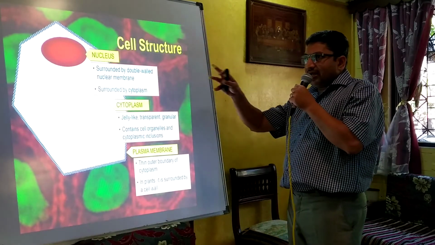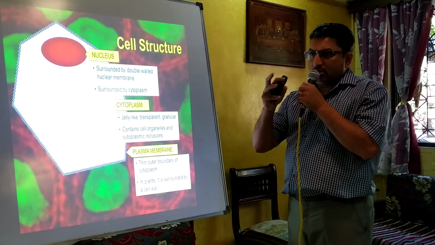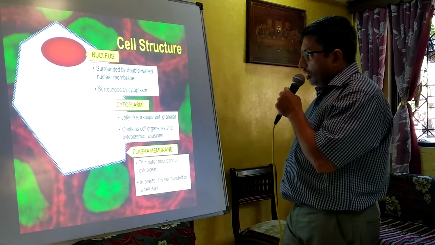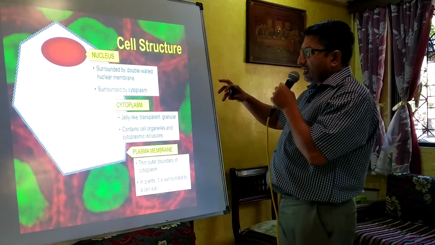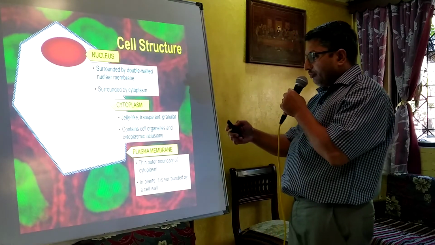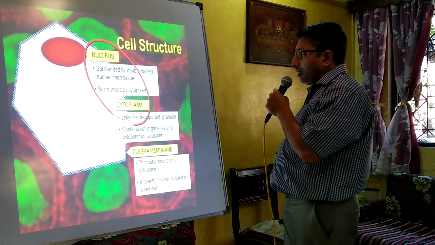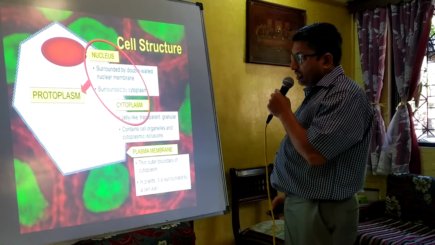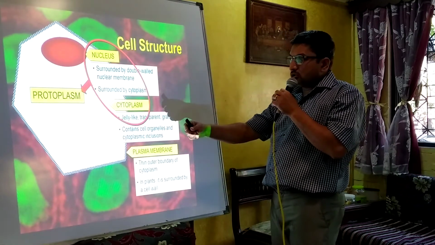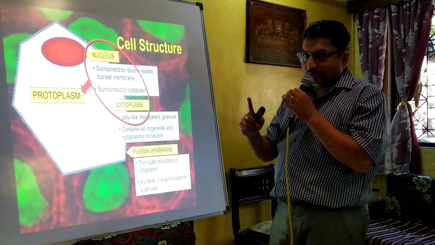As we move inside, the most important part, the brain of the cell, is the nucleus. The nucleus is surrounded by a membrane known as the nuclear membrane. Both the nucleus and the cytoplasm together are known as protoplasm.